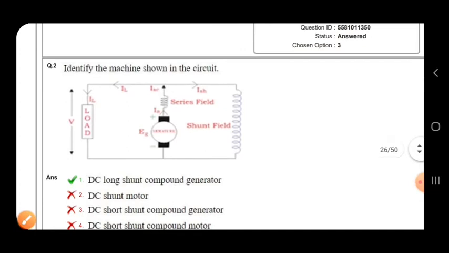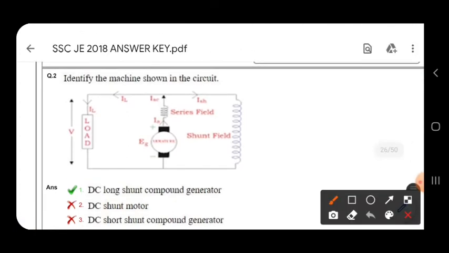Next question, identify the machine shown in the circuit. So you just see in this configuration the armature and the shunt field. The armature and shunt field are connected through the series field. As the series field is connected between armature and shunt, it creates a long shunt, meaning armature and shunt field are connected through a long distance with the help of the series field.